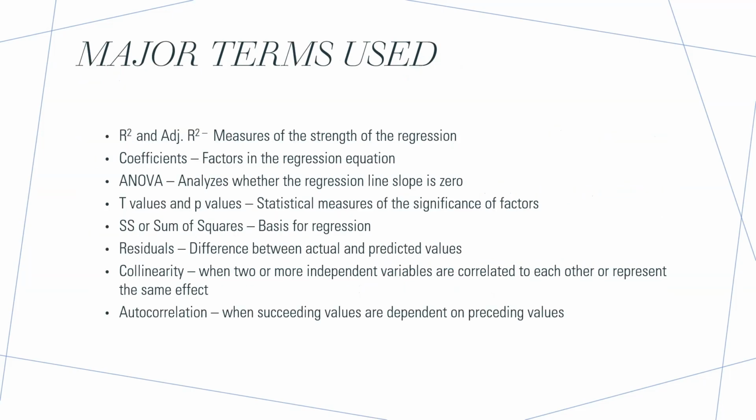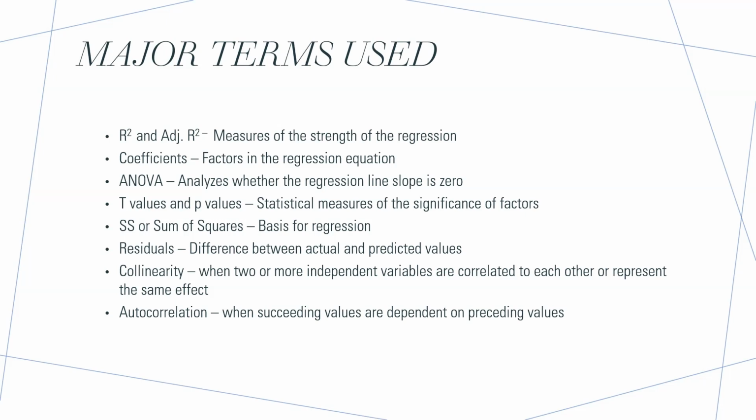Some terms you're going to see in regression: R squared and adjusted R squared. Note this is capital R. That's to differentiate it from the lowercase r, which indicates correlation, which measures the strength of the regression. Coefficients, those are just the numbers that we plug into the regression equation for the intercept and for the slope of each X. Analysis of variance, ANOVA, that analyzes whether the regression line slope is equal to 0.